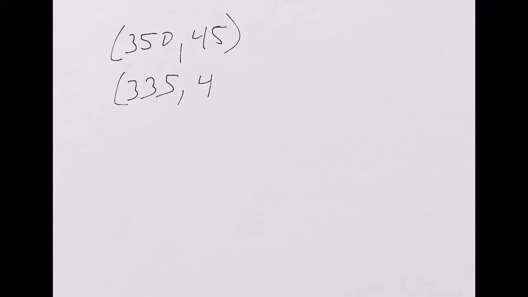Let's look at the one that I messed up on Desmos a couple times and do it algebraically. So we were basically given a couple points, 350, 45, and 335, 46. So if they're doing this one by hand, you would want to find the slope first.